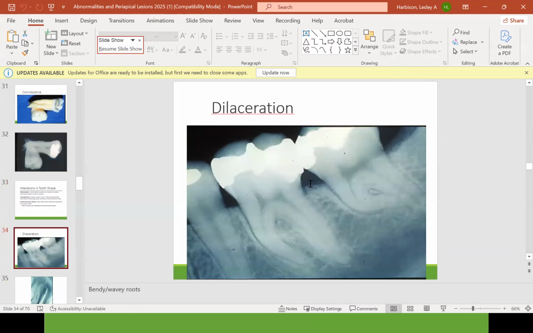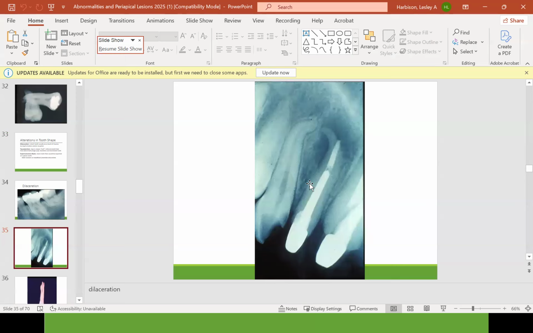So there's an example of dilaceration on slide 34, the wavy, curvy roots. There's another example of it, and you can see how that's a problem on slide 35. That's a major problem for a root canal, because they perforated the root toward the apex instead of following the curvature.